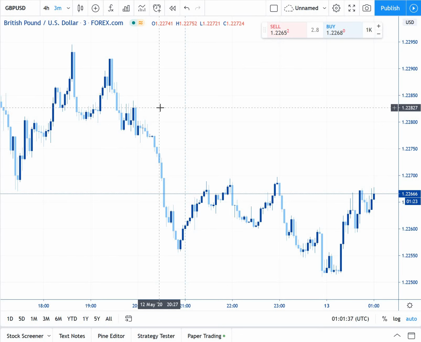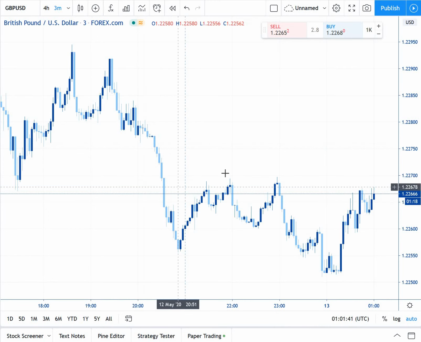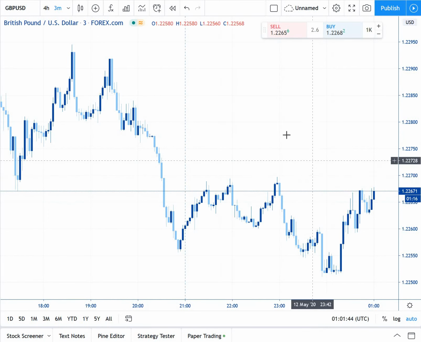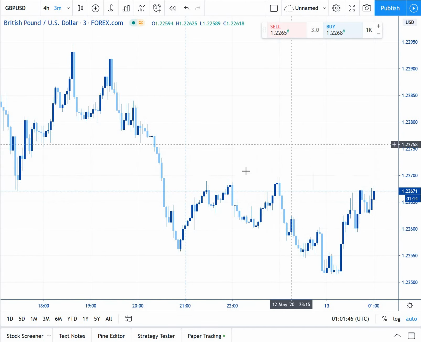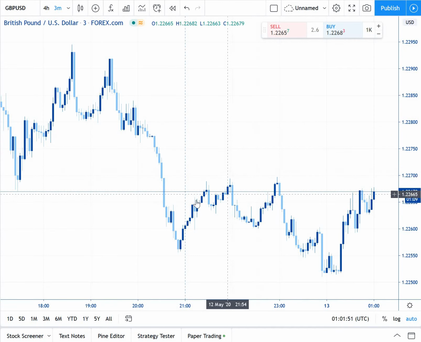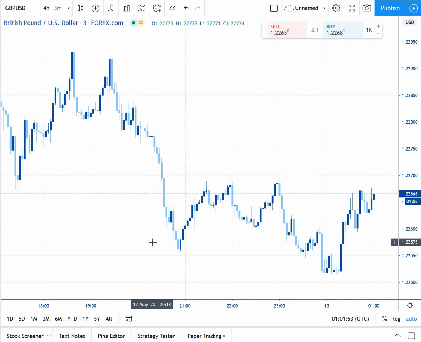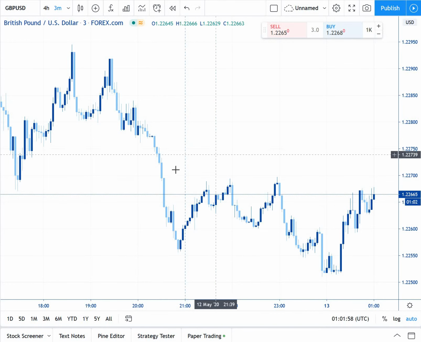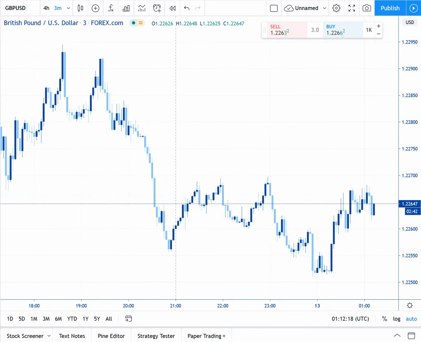We're looking for an entry now. Be nice if price went up here. Let's wait a little longer. Okay, I want to sell it around this area.